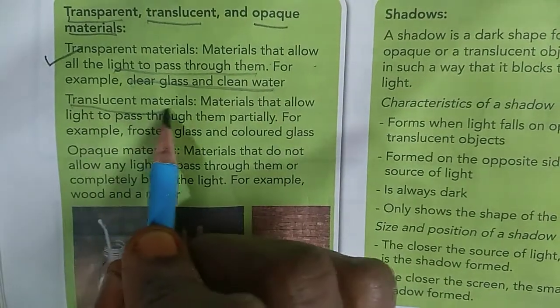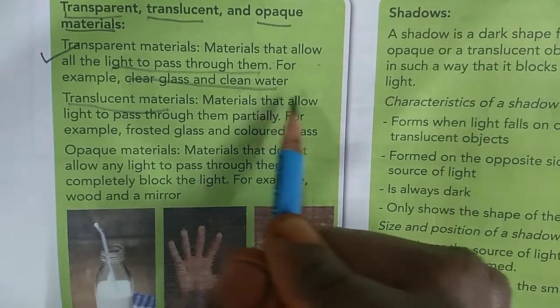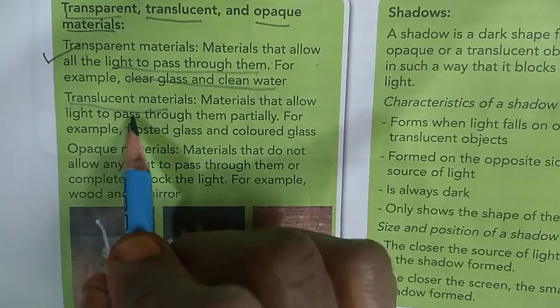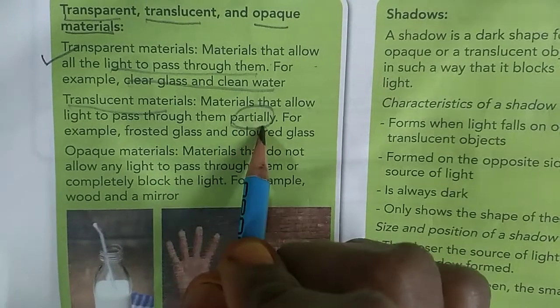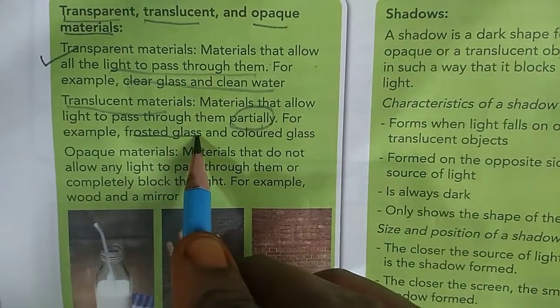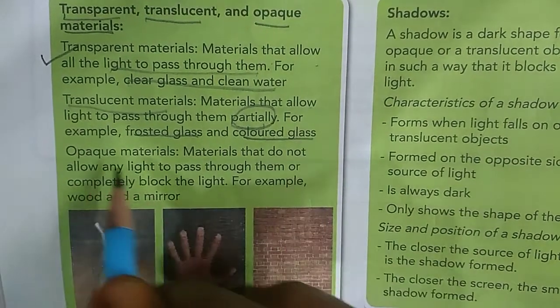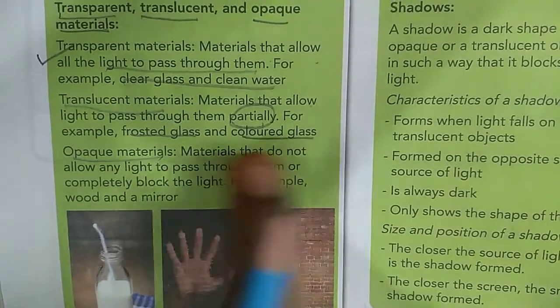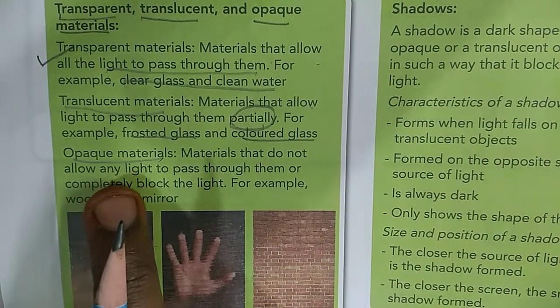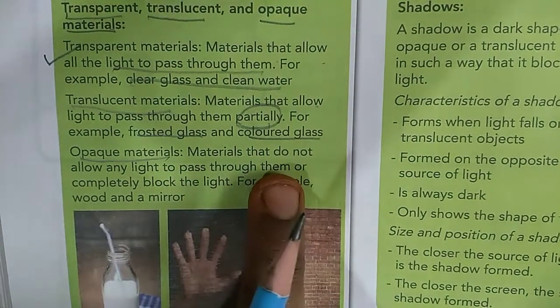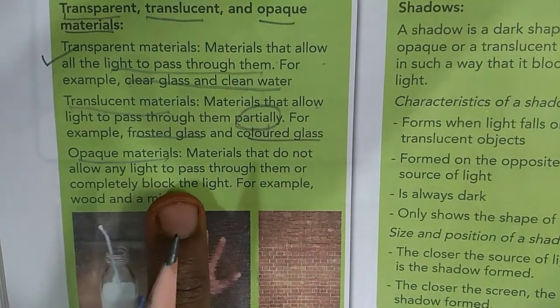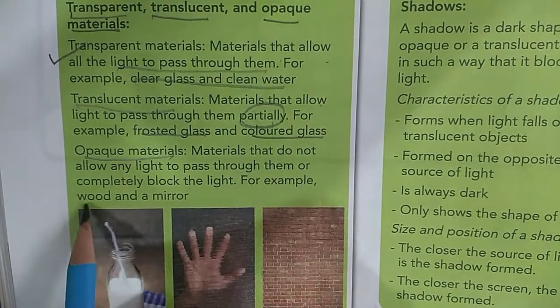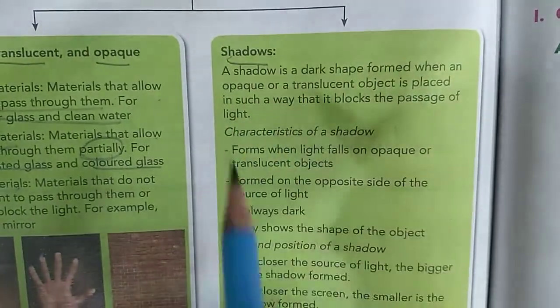Translucent materials allow the light to pass through them partially, for example frosted glass and colored glass. Opaque materials do not allow any light to pass through them, or completely block the light, for example wood and mirror.